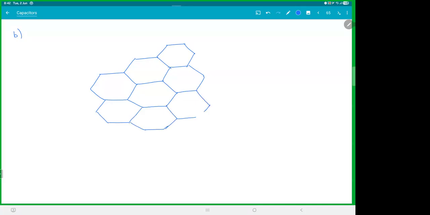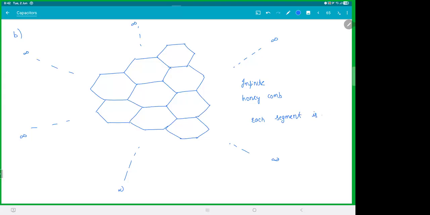So an infinite honeycomb goes to infinity in all directions. Each segment is capacitance. I'm not drawing the capacitors, okay, but each segment is C.